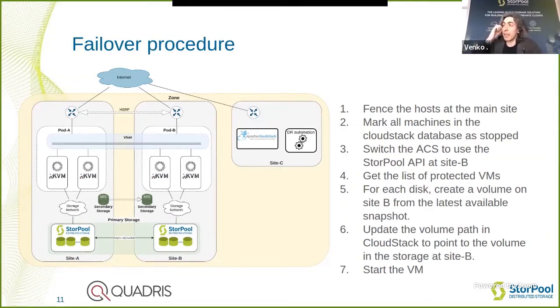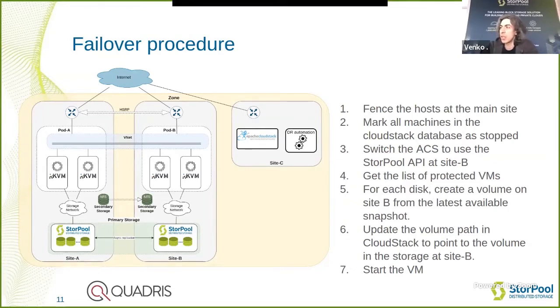So the next step is to mark all the virtual machines that were running on site A as stopped in the CloudStack database. This is important because this will allow us to run the same instances on site B. And then we need to switch the StorPool plugin in CloudStack that communicates with the StorPool storage.